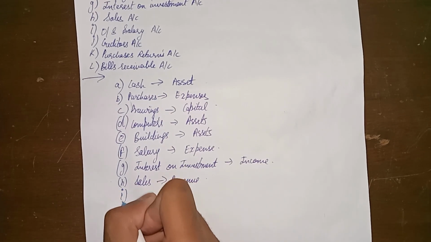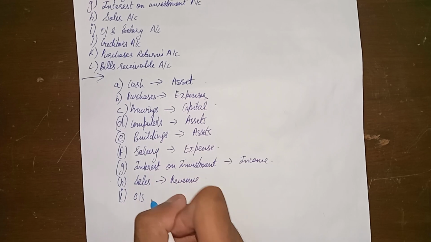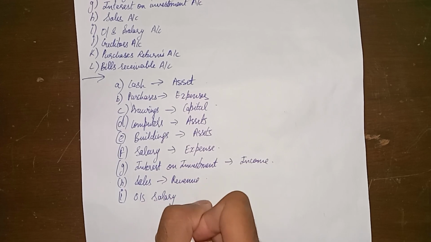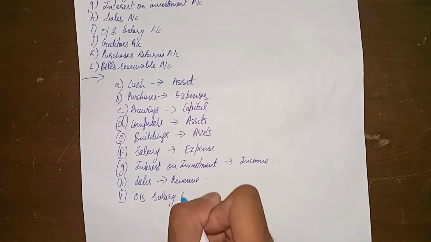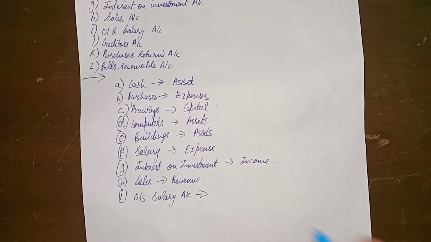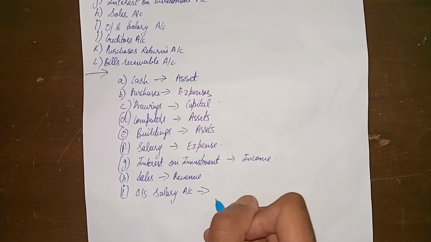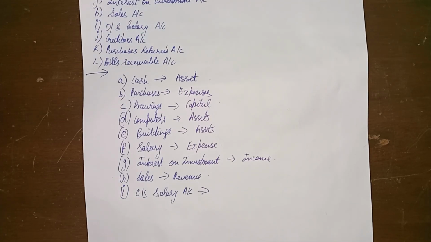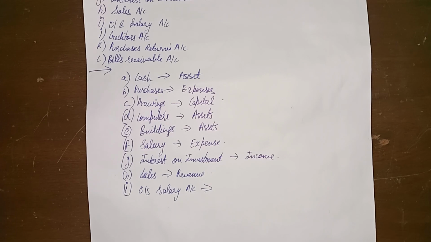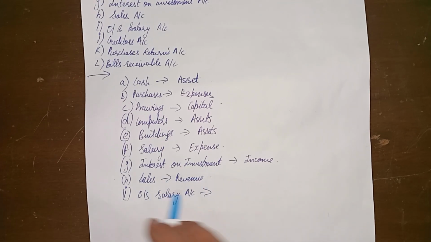Outstanding salary is a liability, as you should pay the salary after a time period, but you cannot pay at that moment.